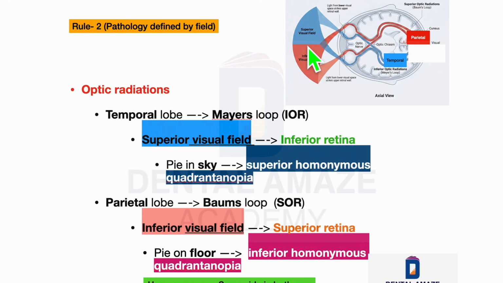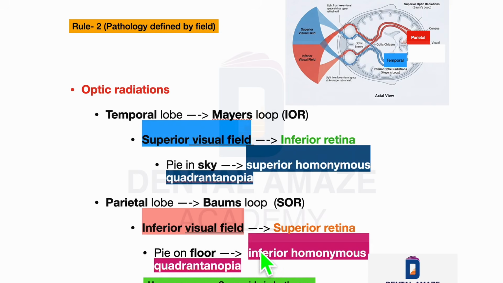Your pathology is defined by the field. So now if your superior optic radiations are affected, you're going to get inferior quadrantanopia. If your parietal lobe, Baum's loop, is affected, your inferior visual field is affected, and you get inferior homonymous quadrantanopia.